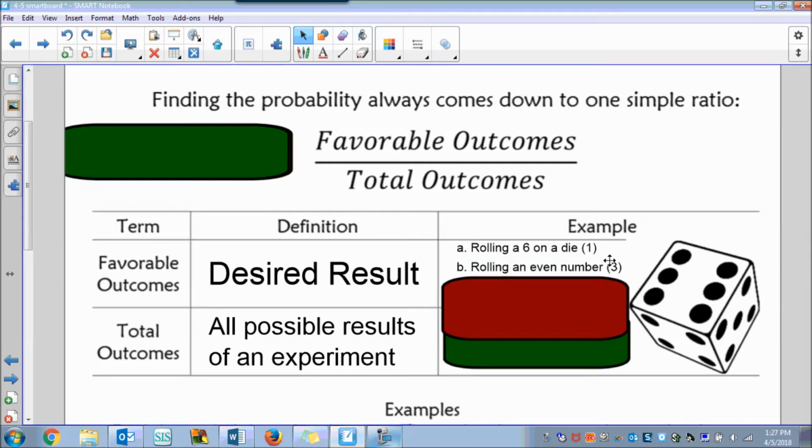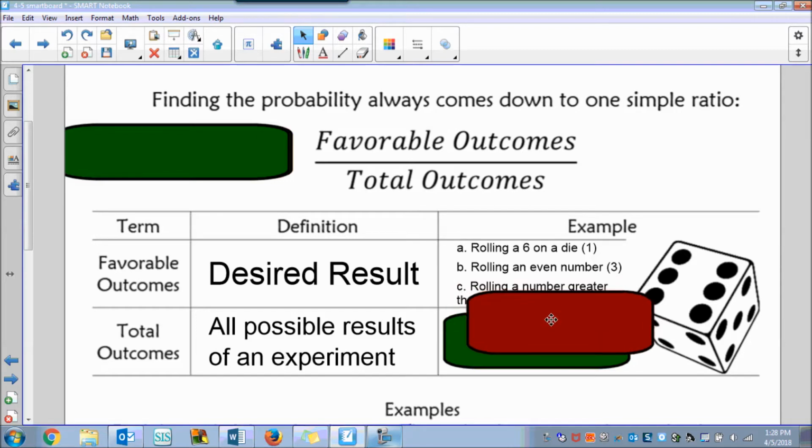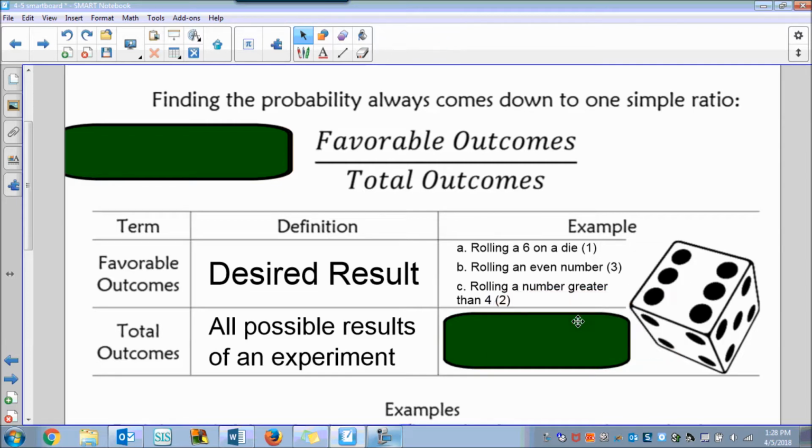So there are 3 favorable outcomes in this case. If I talk about rolling a number greater than 4, it includes just 5 and 6. So there are 2 favorable outcomes when we talk about rolling a number greater than 4.